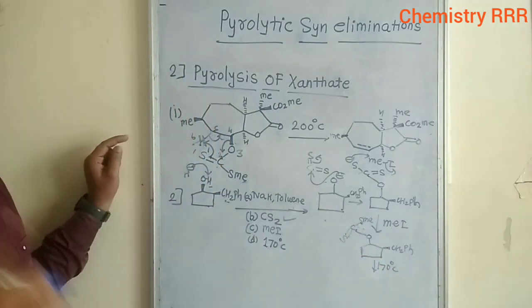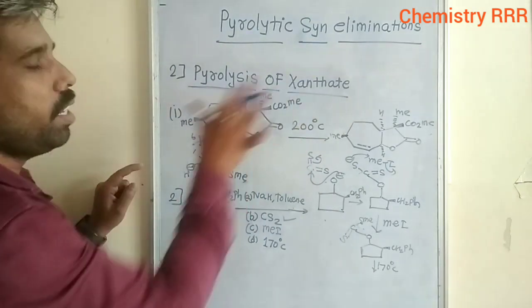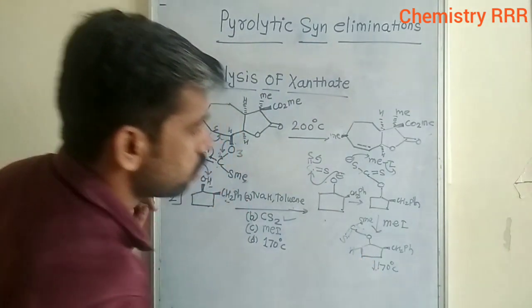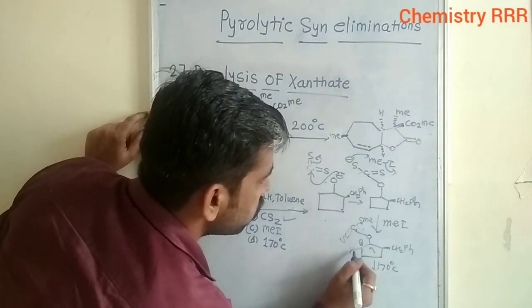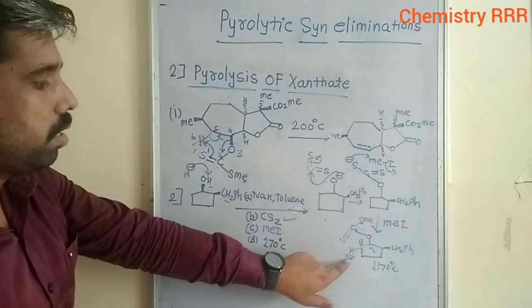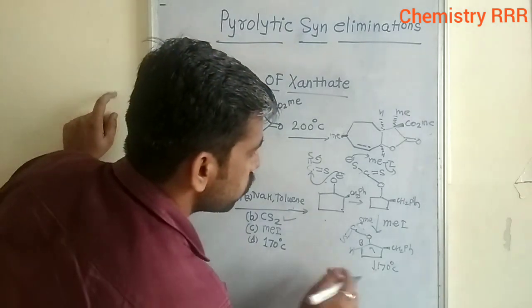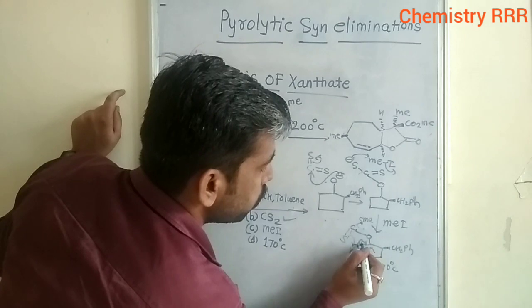Now the last step is the pyrolysis of the xanthate, because there is one beta hydrogen present and there is involvement of a 6-member transition state, so through a concerted mechanism we get the elimination product.